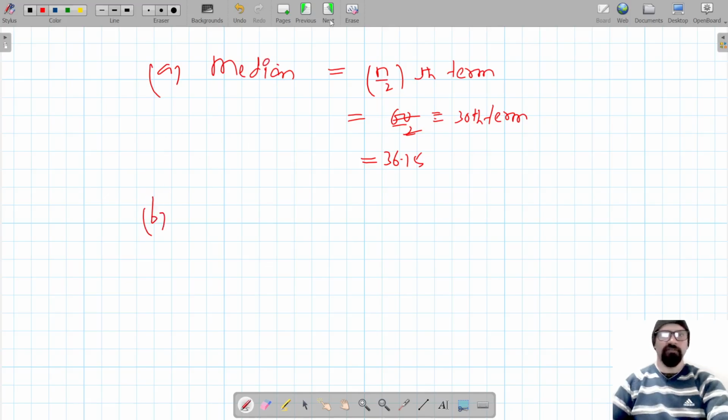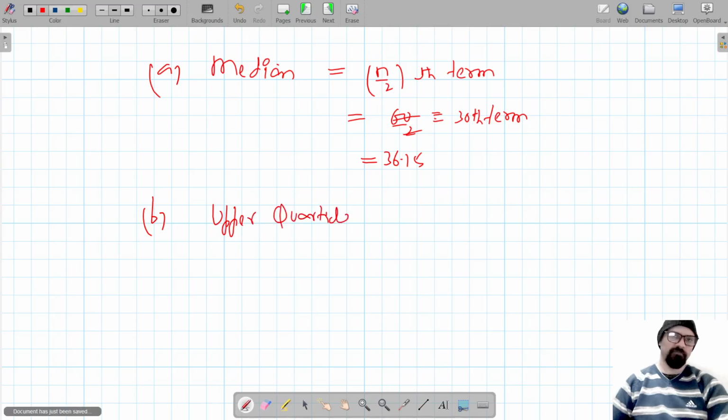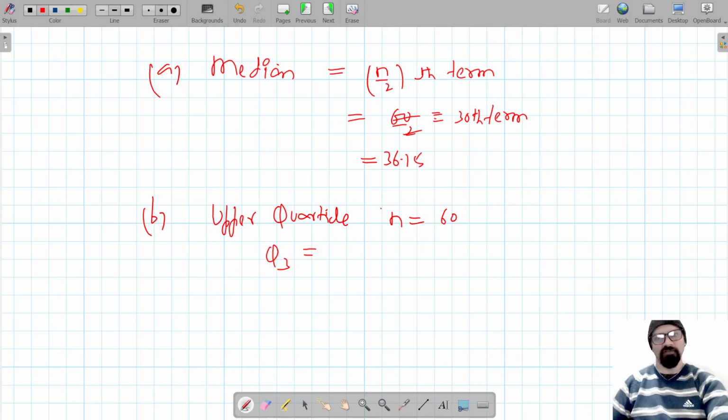The next part is to find the upper quartile Q3 from the graph. Q3 is given by the 3n by 4 term, where n is 60.